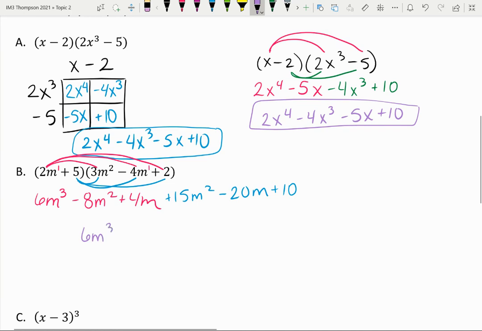Anything else with an m cubed? Minus 8m squared plus 15m squared, I mean, positive 7m squared. Plus 4m minus 20m gives me a minus 16m, and then a plus 10 at the end.